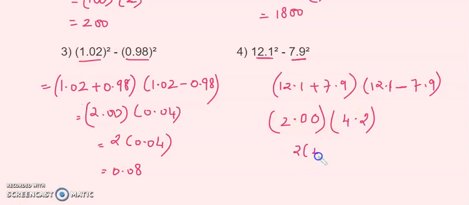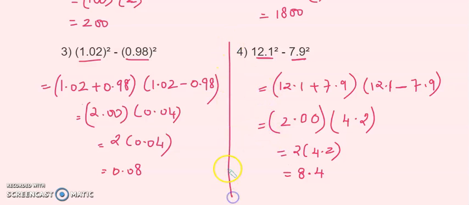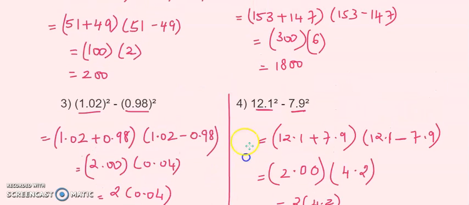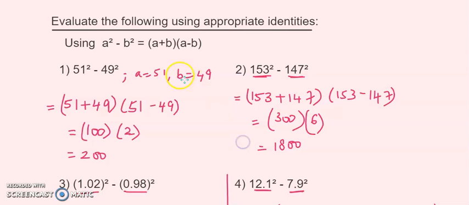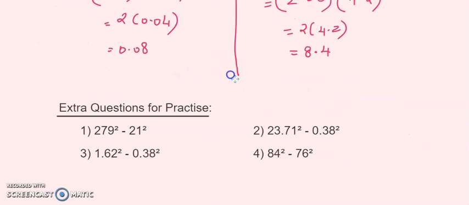So indirectly 20 times 4.2, which is 84. So clearly we are not supposed to do a direct multiplication here. We have to apply the identity. So in this one, I just helped you doing a square minus b square equal to a plus b multiplied by a minus b. And I've taken some extra questions here.